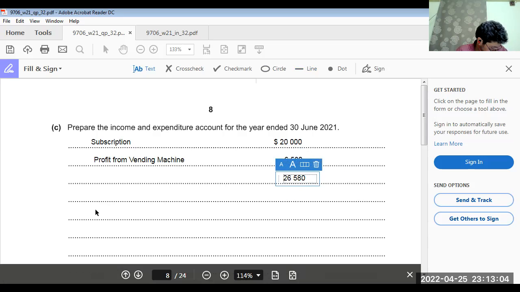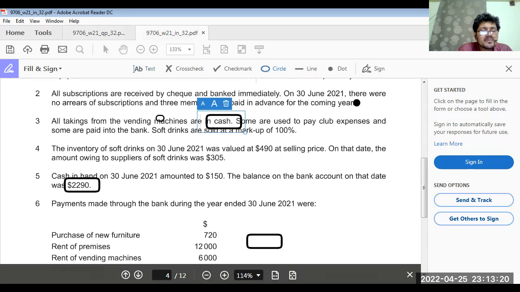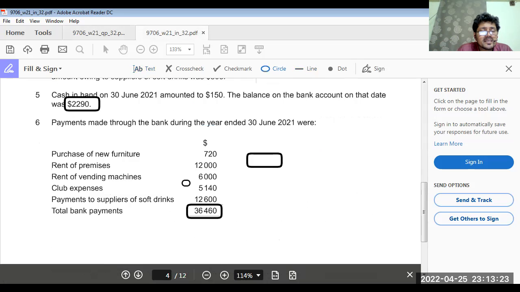Now come to the expenditures. Rent of the premises. 12,000. Rent.